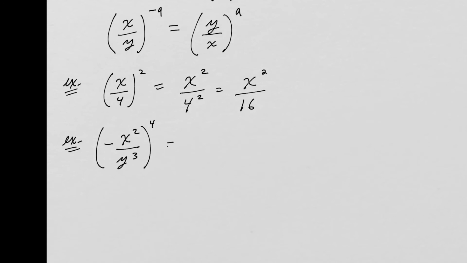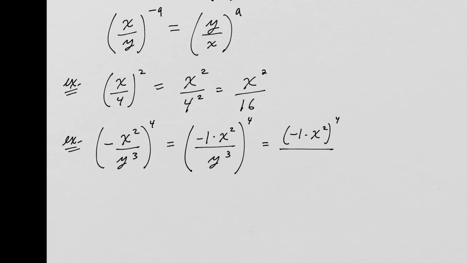If you want, you can think of this as negative 1 times (x squared over y cubed) to the 4th. And now I'm going to use my raising a quotient to a power rule. That means that the numerator has to be raised to the 4th power, and then the denominator would have to be raised to the 4th power.